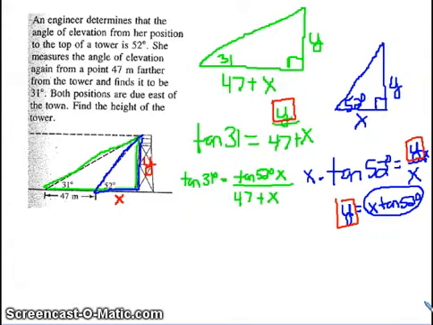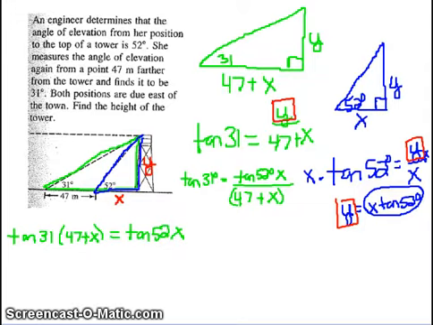Now, this is where we're getting into our algebra skills. We cannot have an x in the denominator, and so we are going to have to multiply both sides by 47 plus x. So we are going to get the tangent of 31 times 47 plus x equals the tangent of 52 x.